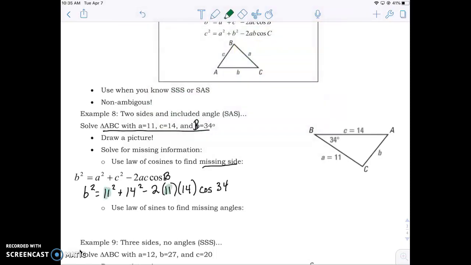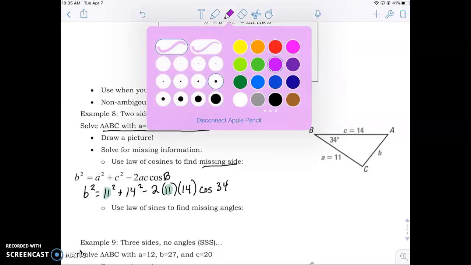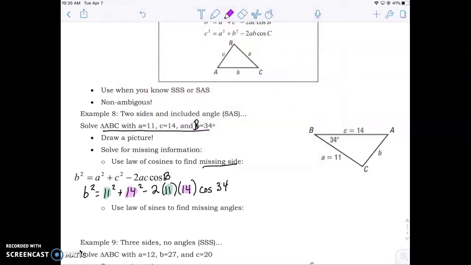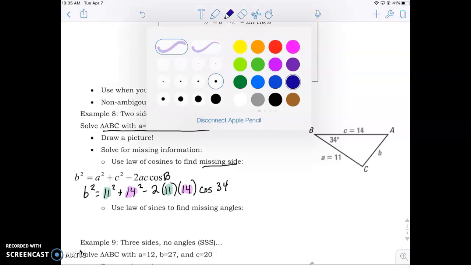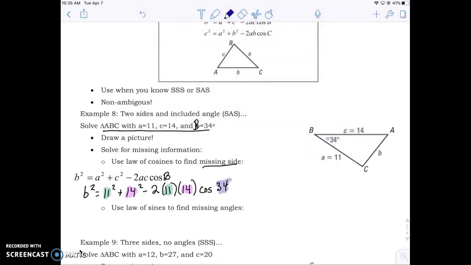So here's A, here's B, and here's angle C. It's a skeleton, and we've worked with skeletons before, so that really helps us.